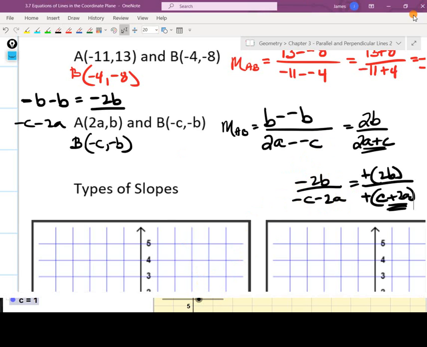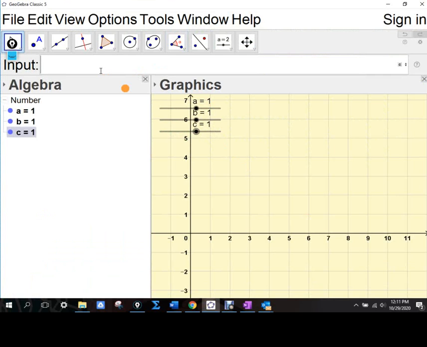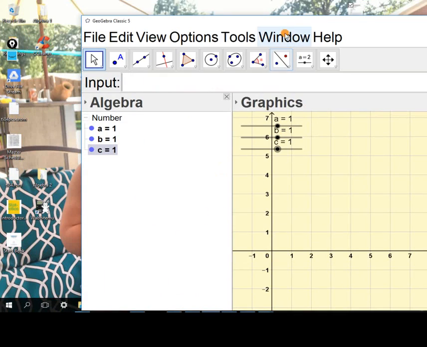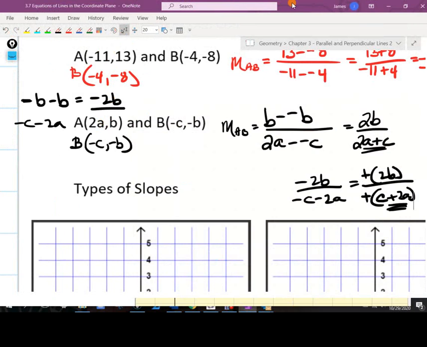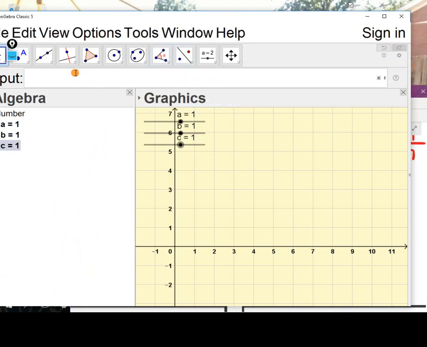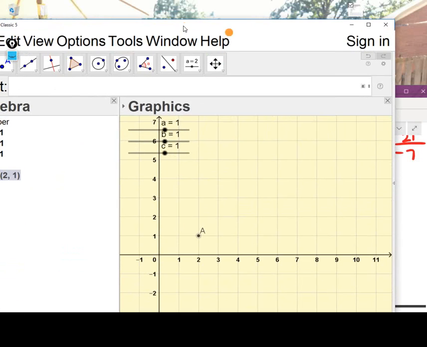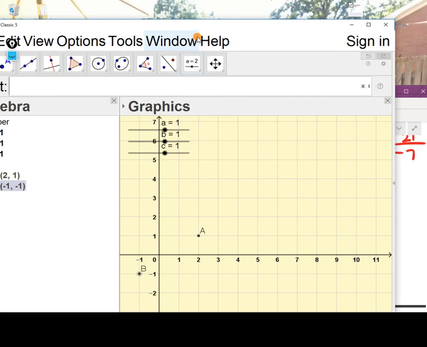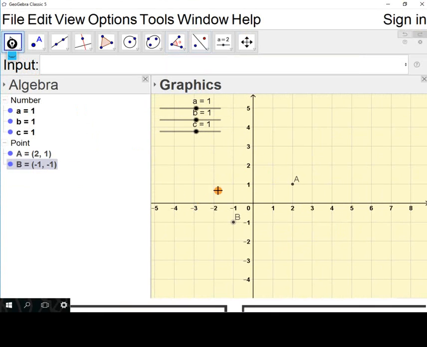So what I want to do here is create in GeoGebra some points that are based off of these numbers, just random numbers. I'm going to put 2A comma B as a point, and then it's going to plot negative C, negative B. You see that these two points are being created.